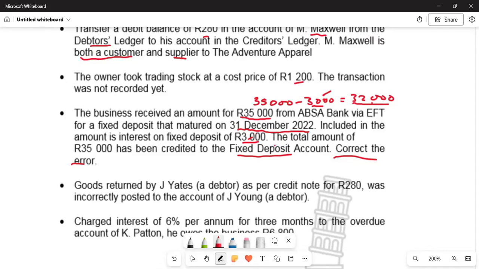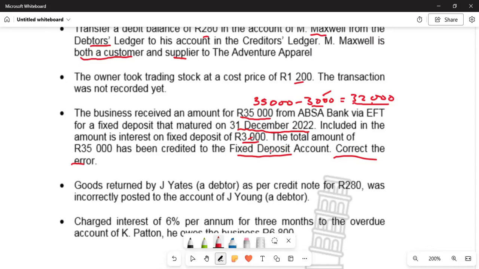So for us to correct the entry, we need to reverse the incorrect credit of 3,000 in fixed deposit, and record the 3,000 to interest income.